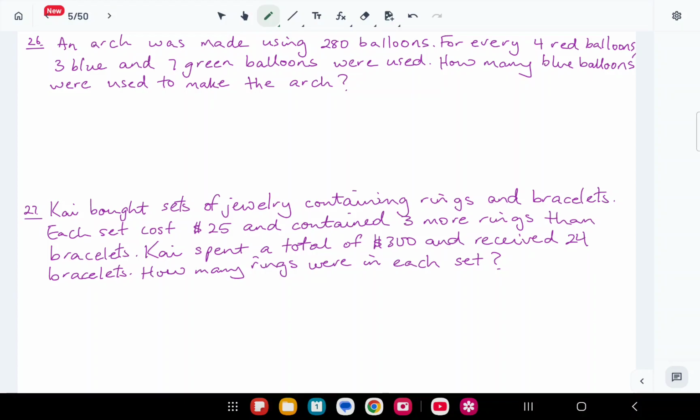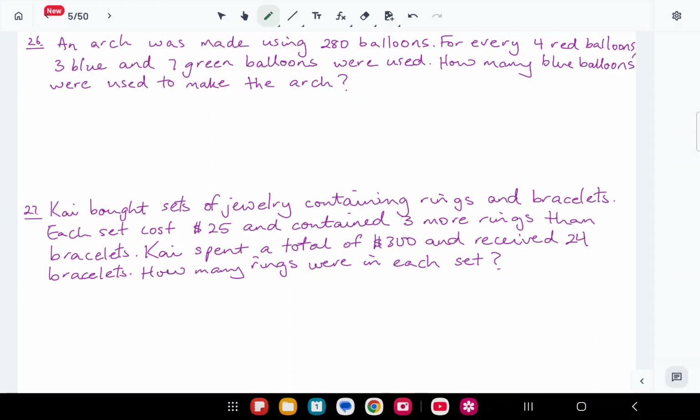Number 26. An arch was made using 280 balloons. For every 4 red balloons, 3 blue and 7 green balloons were used. How many blue balloons were used to make the arch? So, we know we're using 4 red, 3 blue, 7 green.